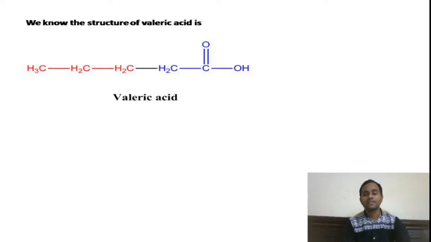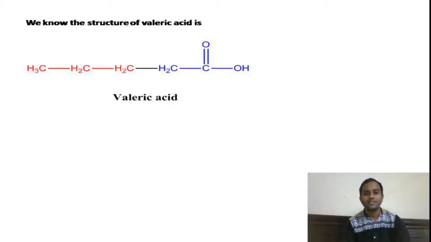It has been named so because this pentanoic acid is available in valerian flowers. Based on that, it has been given valeric acid as the common name. According to the IUPAC name, it is pentanoic acid, having 5 carbon atoms, right?